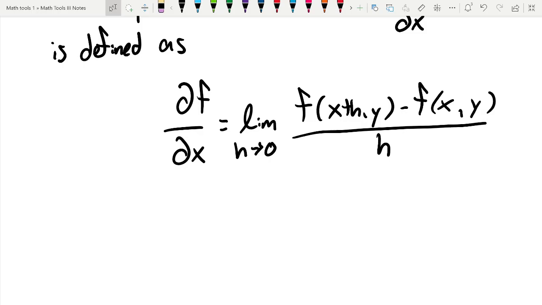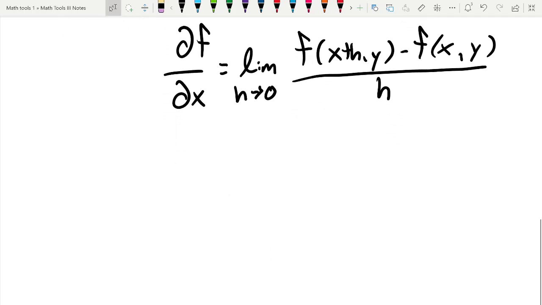The key thing is that if we're taking the derivative with respect to x, then we need to hold y constant, meaning we treat y as a constant, just like we would have treated a number with ordinary differentiation. And same thing with y. If we're taking the derivative with respect to y, then we treat x as a constant.